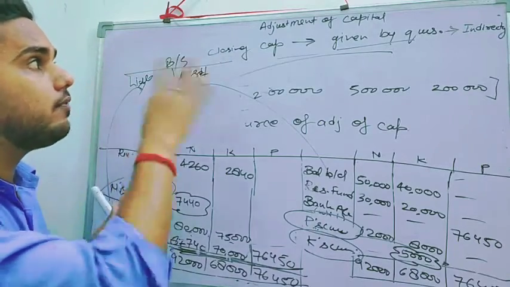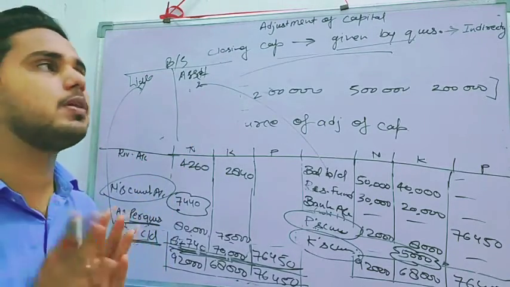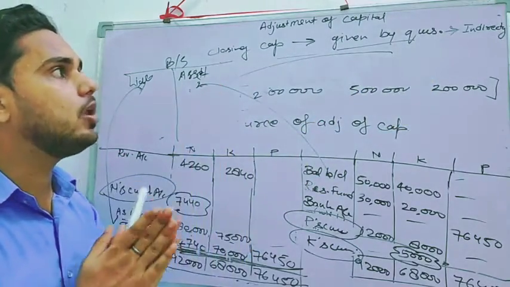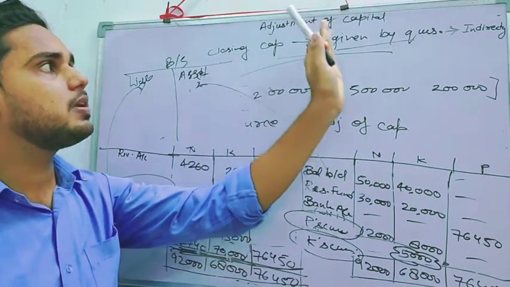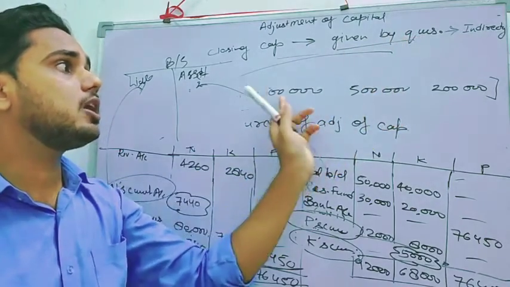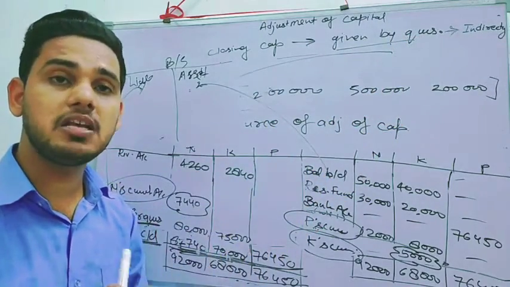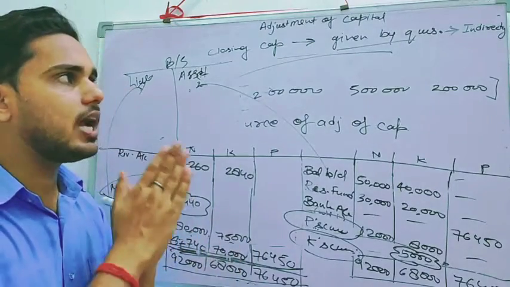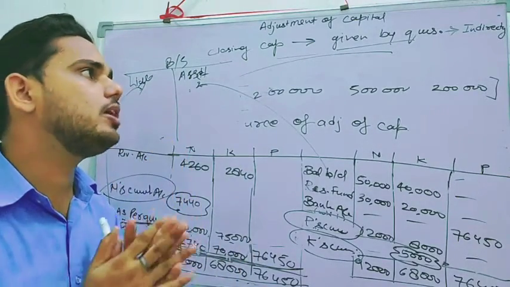Okay, so I hope everything is clear to you except one thing, this one. How will we calculate the closing capital which is given by the question but not as an exact amount, means not directly but indirectly. Okay, so let's try to understand that last point.